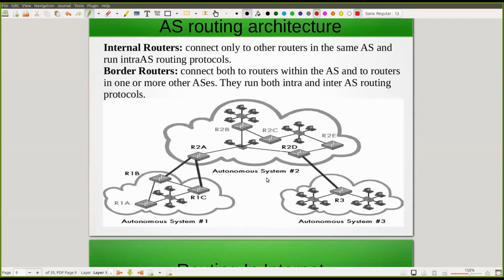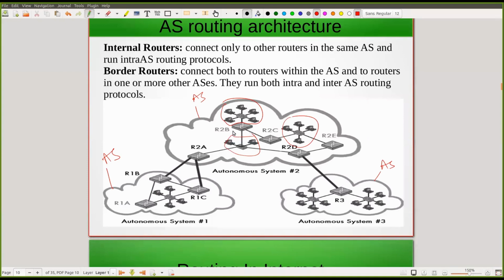If I look into this diagram, I say this is one autonomous system. This is another autonomous system. This is another autonomous system. And inside the autonomous system, there may be several networks. This is one network. This is another network. This is another network. There are several networks combined inside an autonomous system. Then my question is, what is an autonomous system?